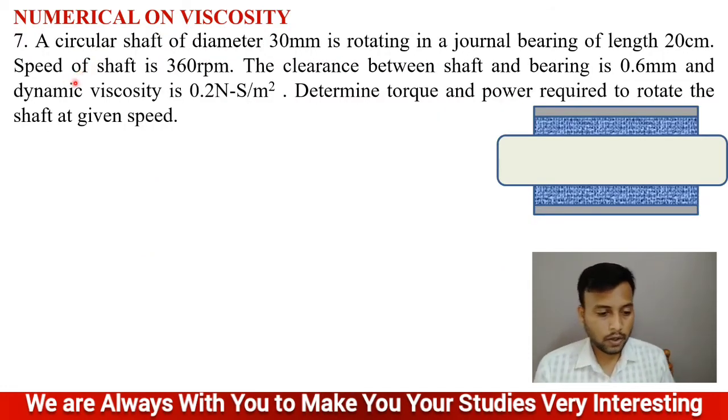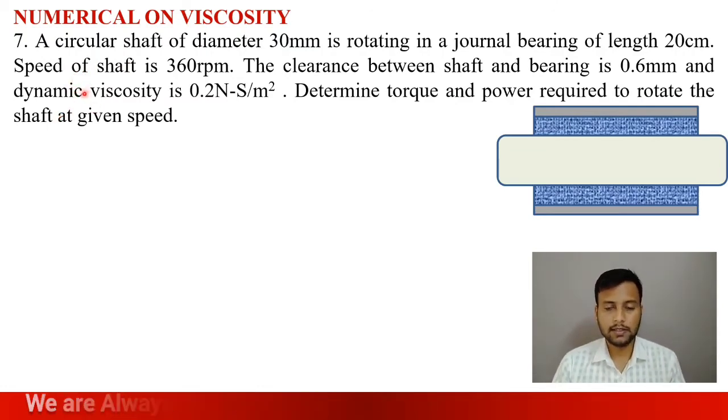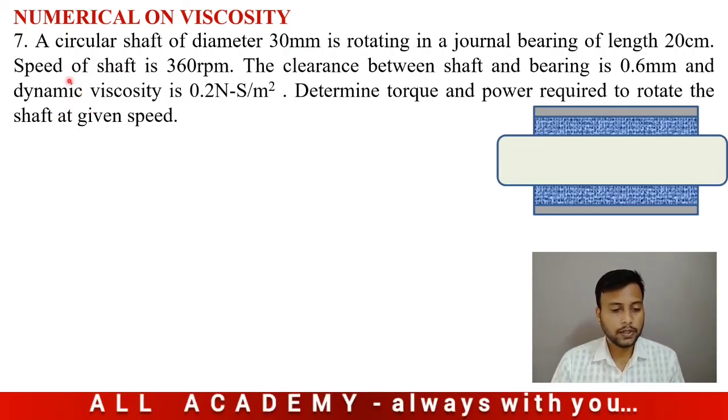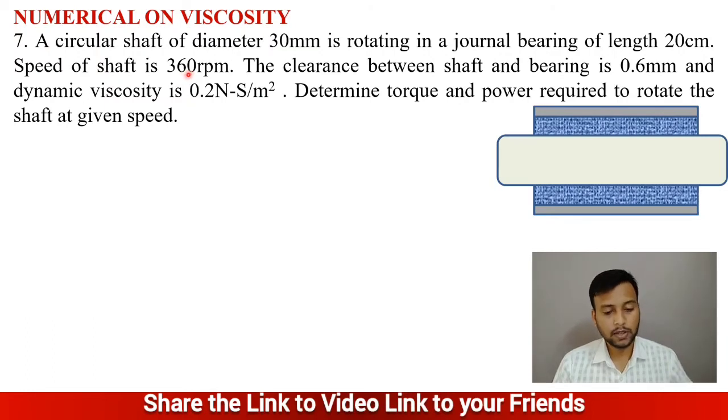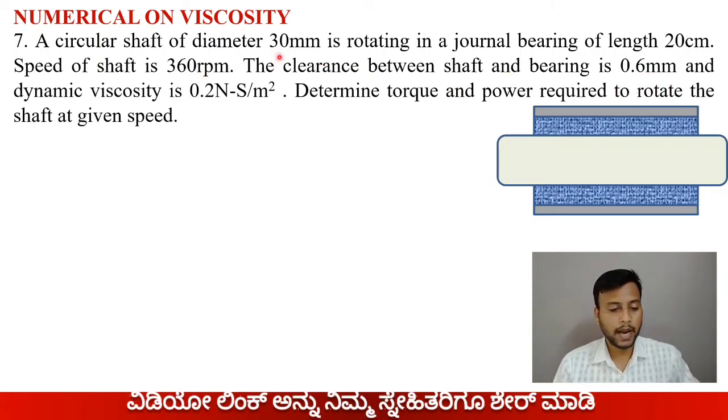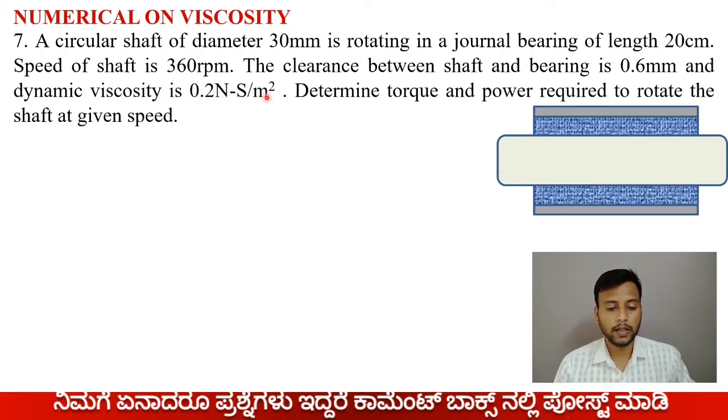The next numerical is on shafts. Let us see, this is also a different numerical. A circular shaft of diameter 30 mm is rotating in a journal bearing of length 20 centimeter. The speed of the shaft is 3600 rpm. The clearance between the shaft and bearing is 0.6 mm and the dynamic viscosity is 0.2 Newton second per meter square.